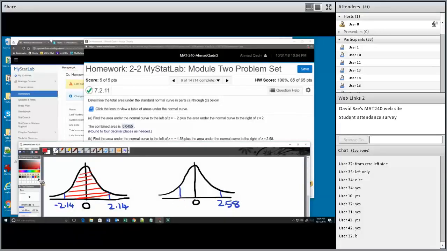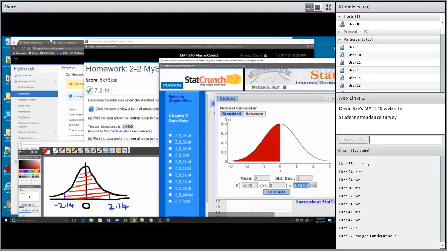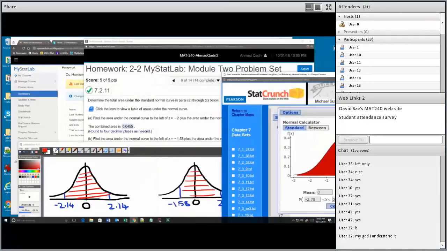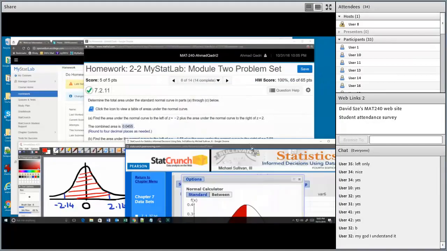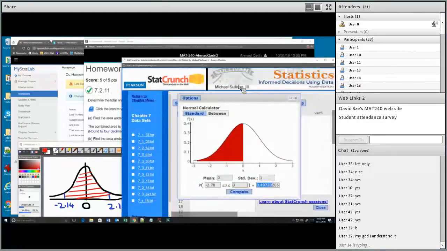Okay. Then, minus 1.58. And then I highlight the area. That's what we need. All right, so minus 1.58 and 2.58.